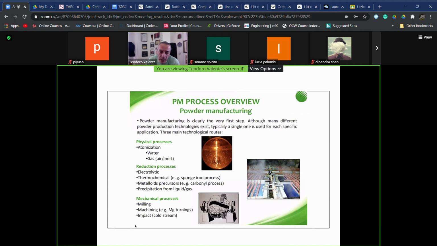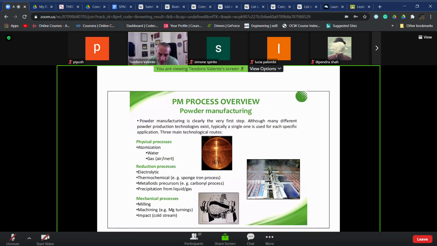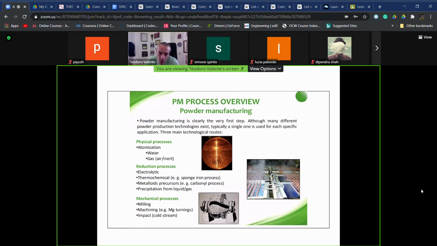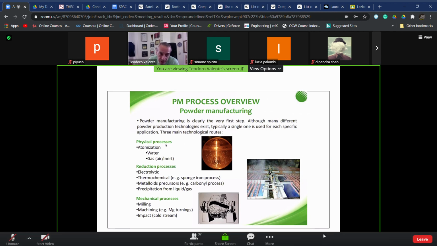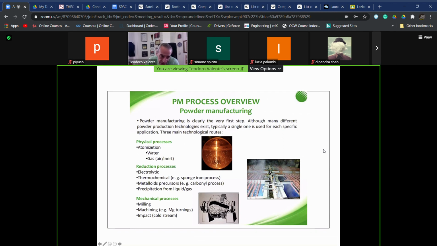Together with the mechanical processes we have already defined before, mechanical milling, mechanical alloying, we do have also other possibilities, as I told you, to fabricate powders by means of physical processes, water atomization or gas atomization, sometimes also by using chemical-based or electrochemical-based technology, the so-called reduction processes.